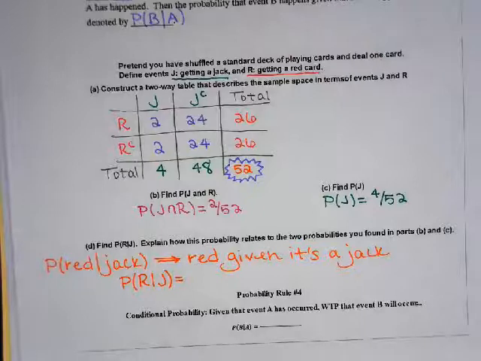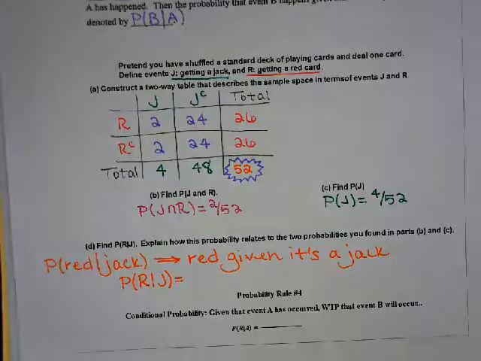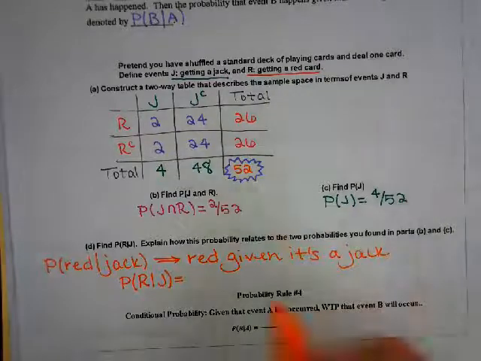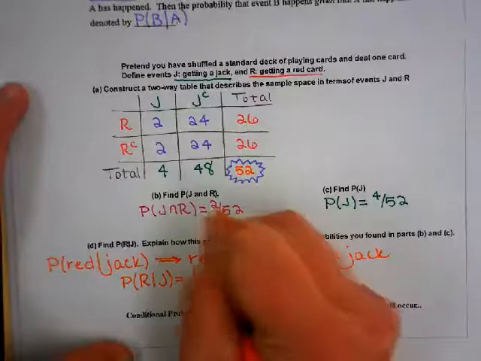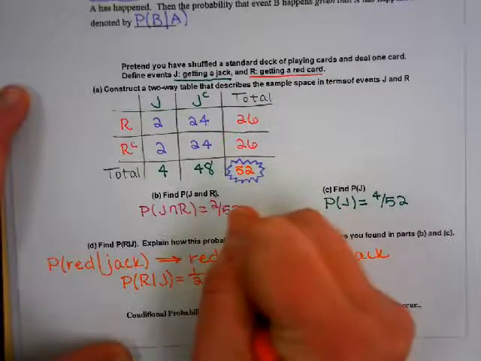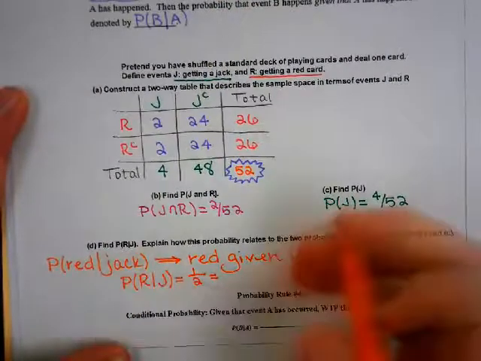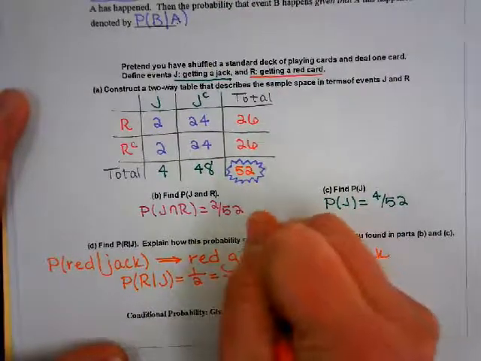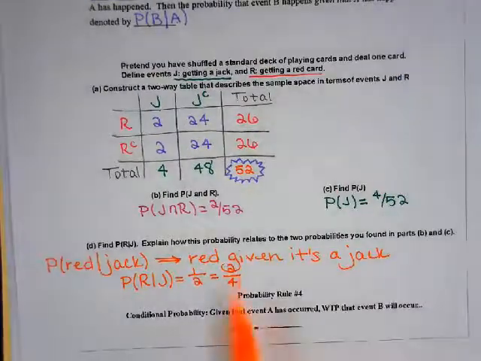Because half of the jacks are red and half of them are black. Yep, 1/2 is correct. And we said out of the jacks, because we know the card is a jack, so 4 jacks, 2 of them are red. So 2 over 4, 1/2.